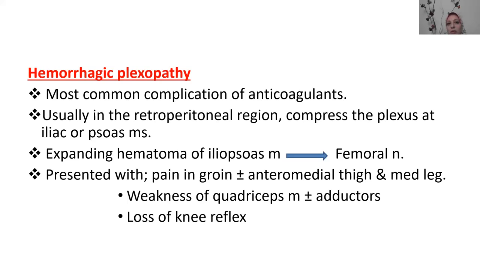An expanding hematoma of the iliopsoas muscle can compress the femoral nerve through its course from its origin to the inguinal ligament. It presents mainly with pain in the groin that may radiate to the anteromedial thigh and medial leg, with weakness of the quadriceps and adductor muscles of the thigh if the obturator nerve is involved, with loss of knee reflex.